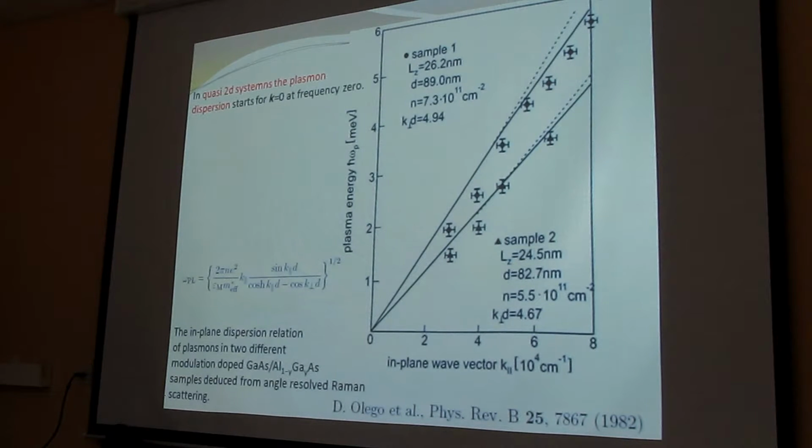What's the difference between these two curves? The two samples. Sample 2, the thickness. This is 27 and this is 26, 24 nanometers. And yeah. And also maybe the doping level is different.